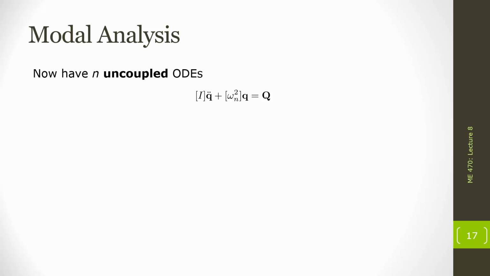But now, using these q coordinates, what we have is a bunch of second order, 1 degree of freedom ordinary differential equations that have been uncoupled. So what's the benefit of that? Well, when we have a 1 degree of freedom second order system, we already know how to solve that. It's really easy. Once we add multiple degrees of freedom into each of these equations, that's when it gets difficult.